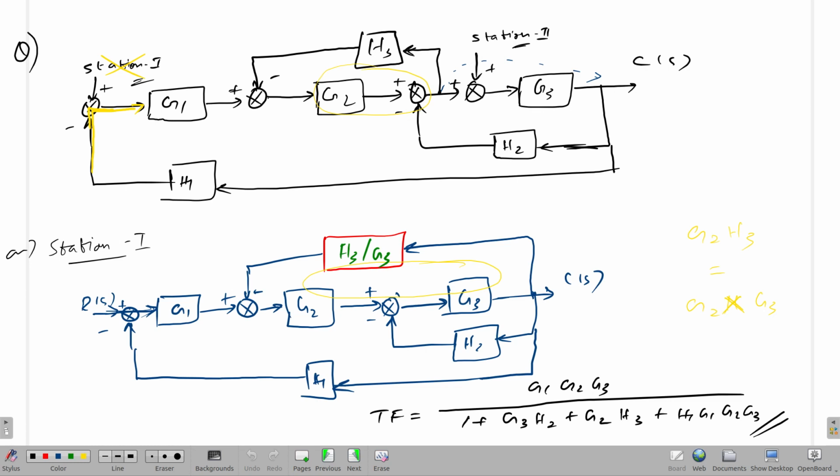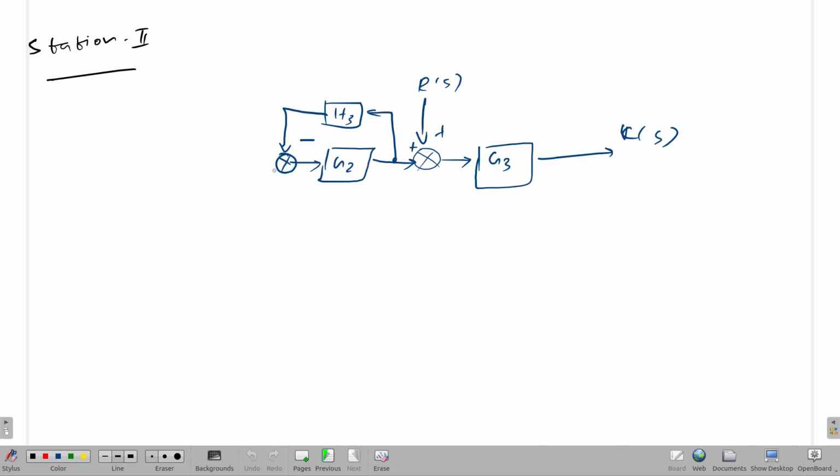It is better if we move H2 to the left side, so that we have, okay, as usual let's just follow the notation. The ones which are having change I will draw in red, right?